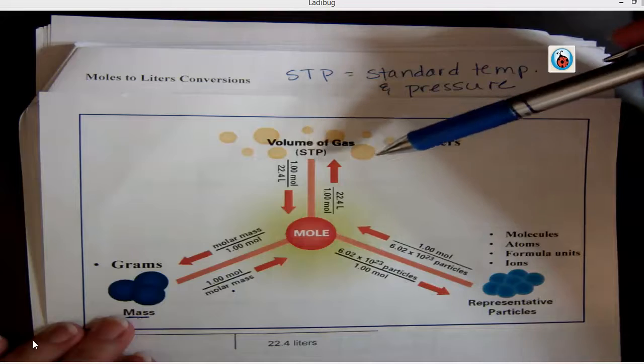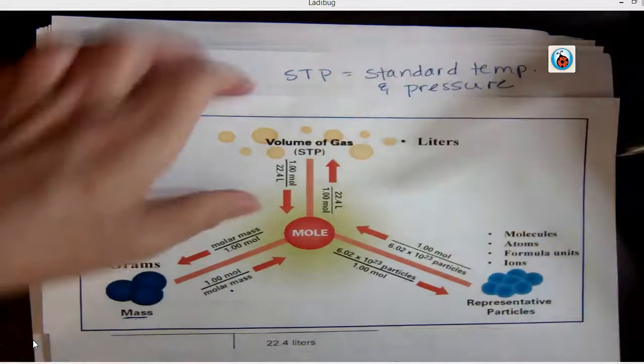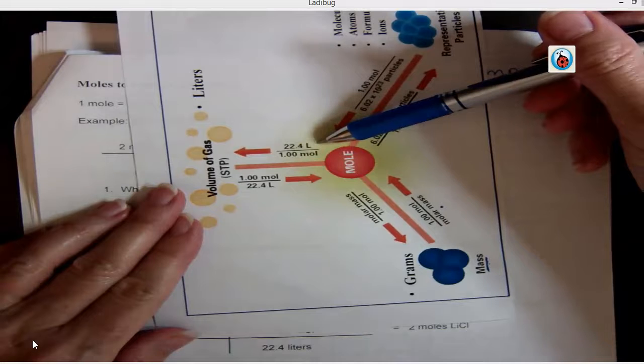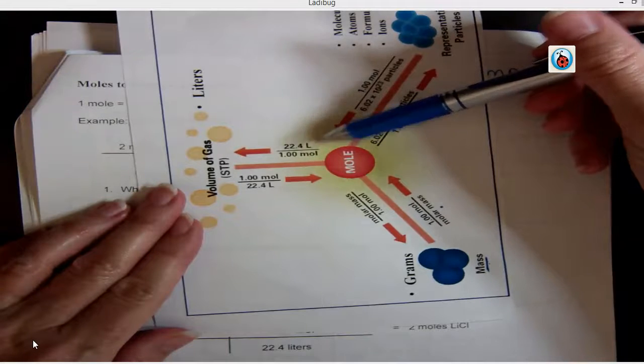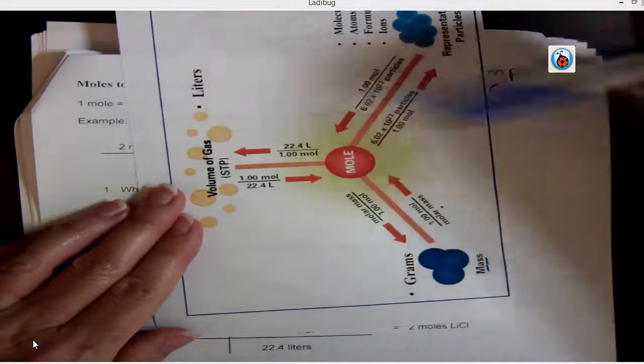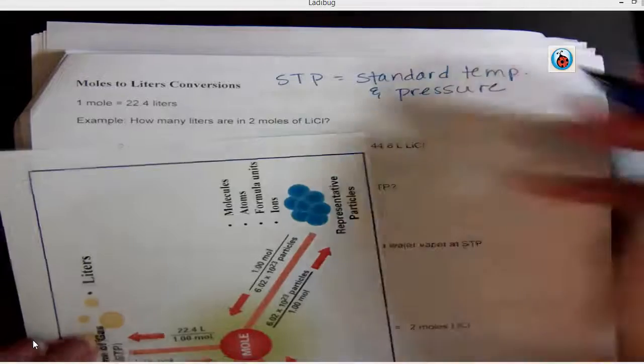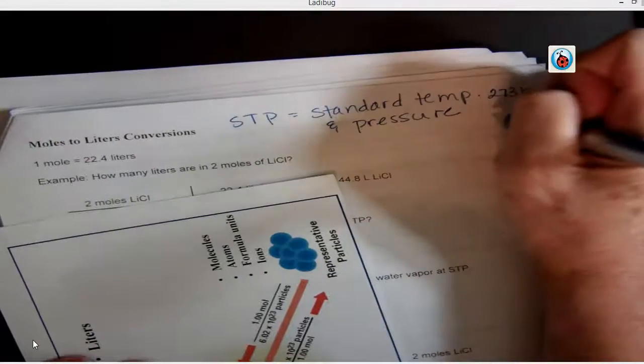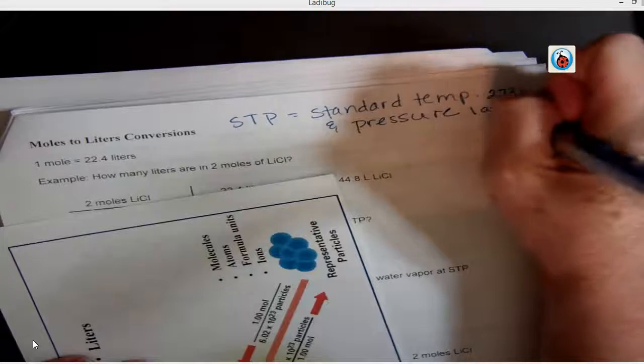So at standard temperature and pressure, 1 mole of any substance equals 22.4 liters of that substance. As long as we are at standard temperature and pressure, okay, standard temperature is 273 Kelvin at 1 atm of pressure.